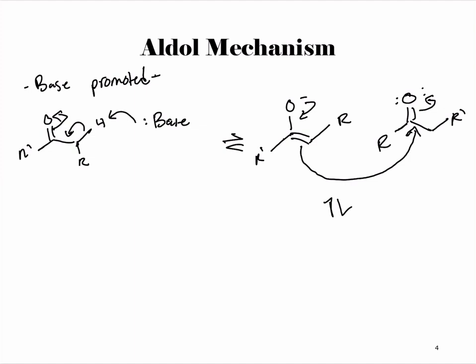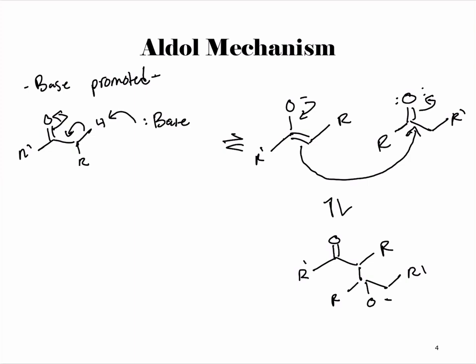And so this is going to give a product that's going to look something like this. R prime, and then O minus.